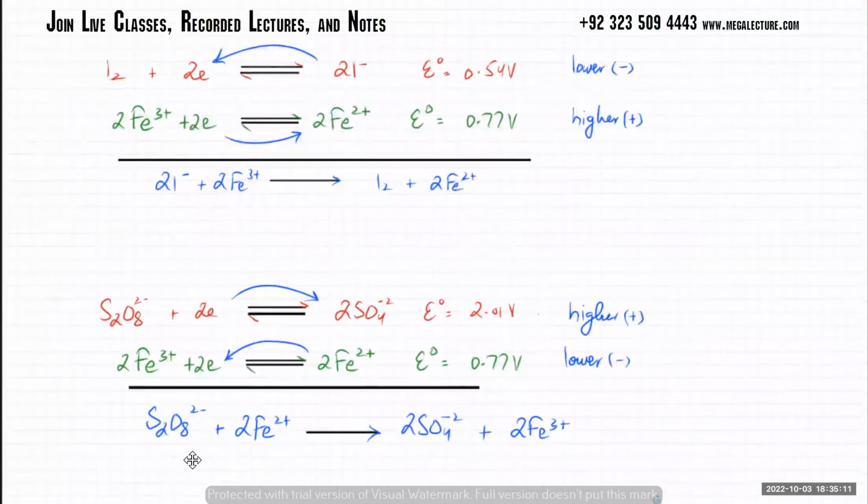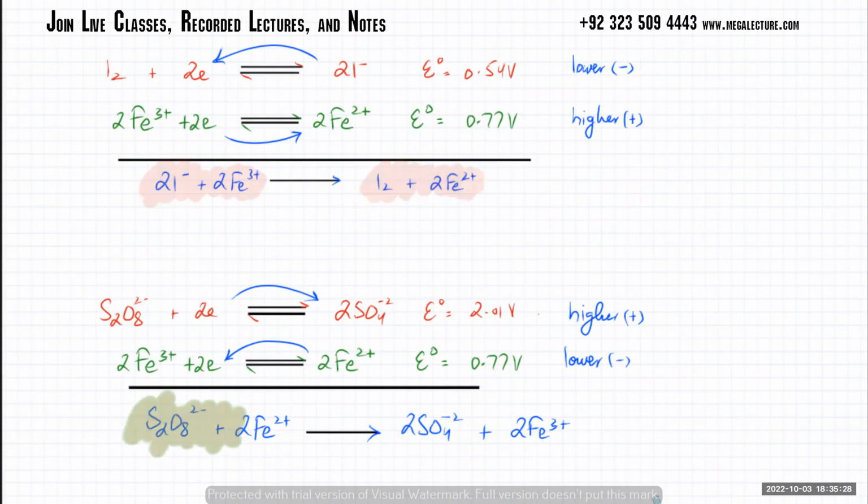Now look at these two reactions, the ones I've written over here. If I highlight this one, turning into this, and then this one, and it's turning into this thing.